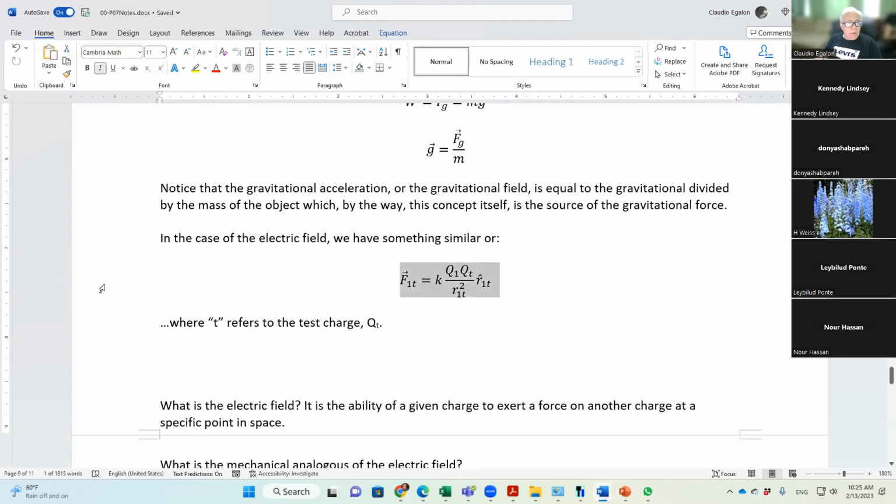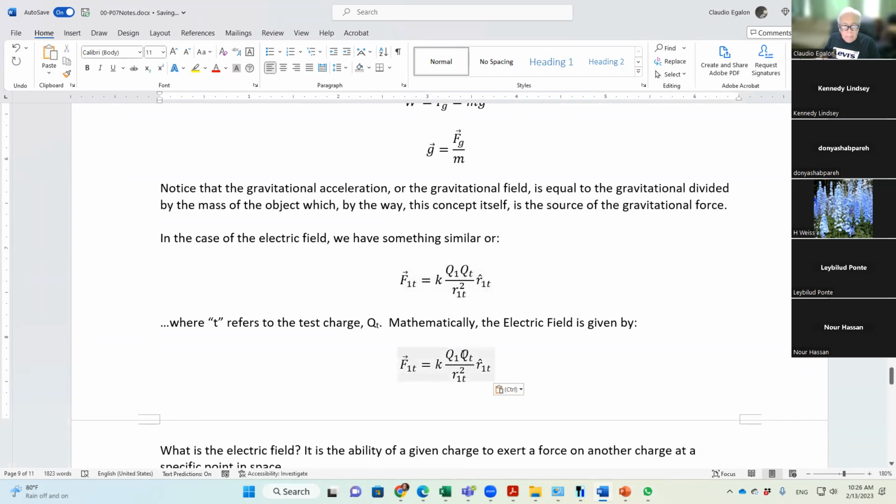So what do we do? The electric field, mathematically. I already gave you a conceptual idea of the electric field. Now I'm going to give you a mathematical definition of the electric field. Mathematically, the electric field is given by the force divided by the test charge.